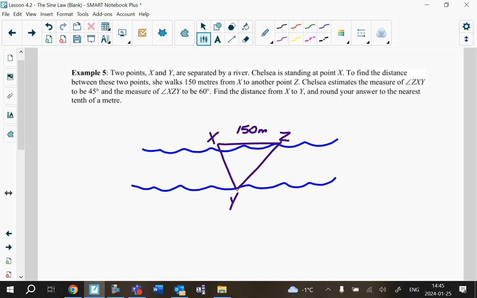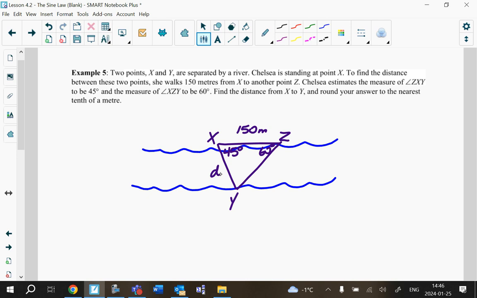So that's 45 degrees. XZY, that's the angle at Z, this one. And that's 60 degrees. She now has enough information to do trig. Actually, I'm going to call the distance D. Remember, she wants to find the distance from X to Y. So on her side, she was able to find 3 measurements, 2 angles and a distance.